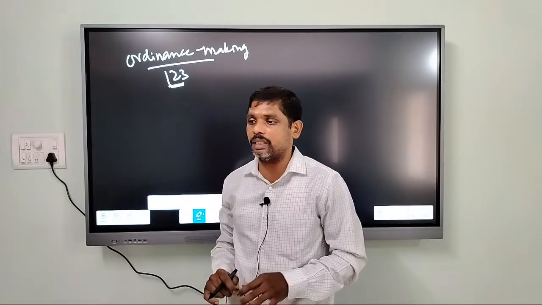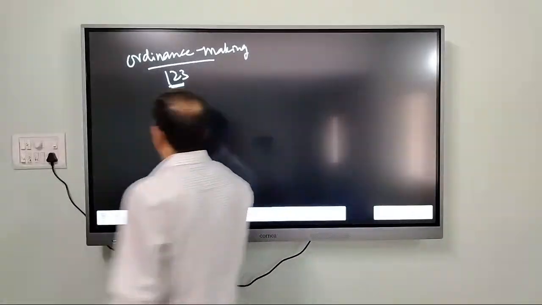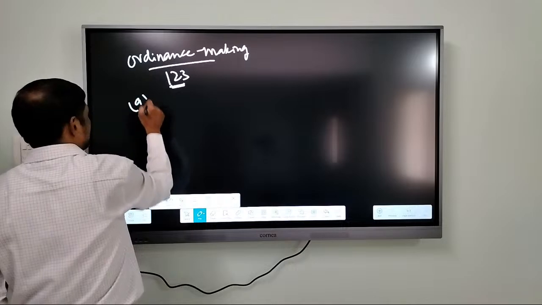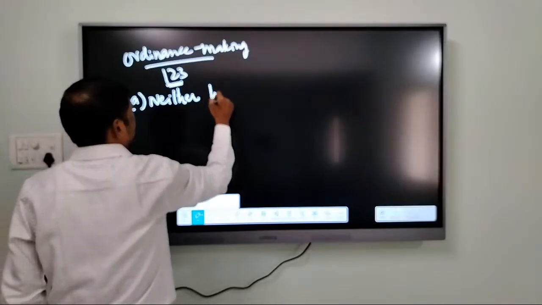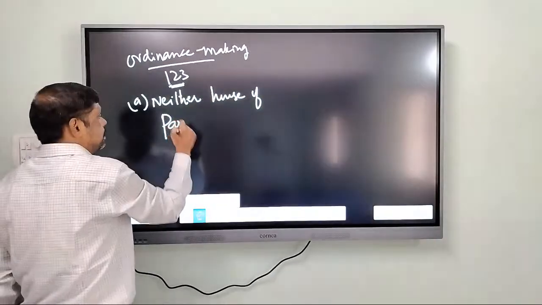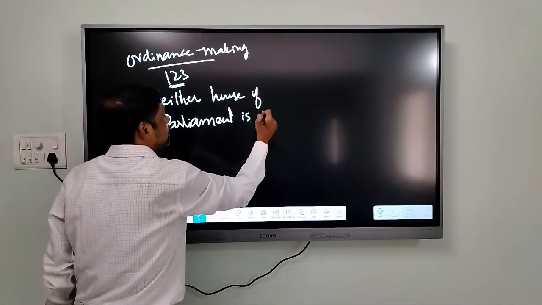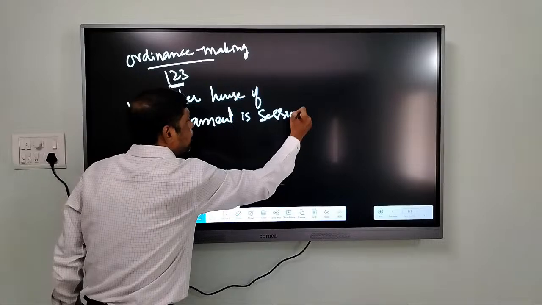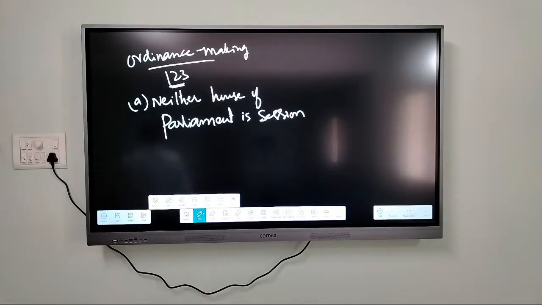In such a condition, the President of India can issue the ordinance. That means what?